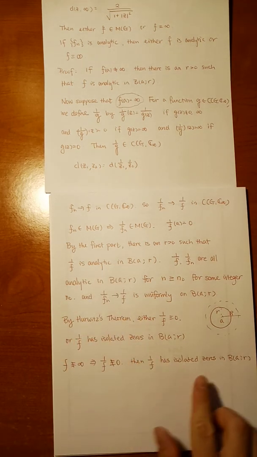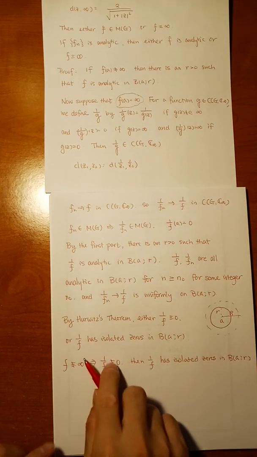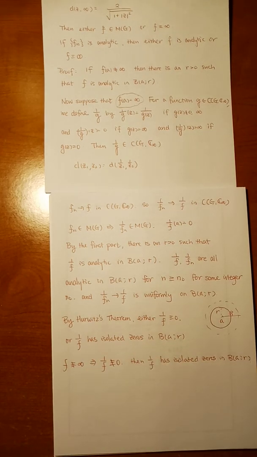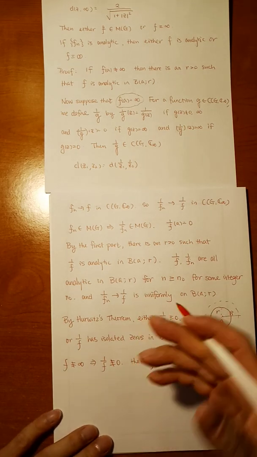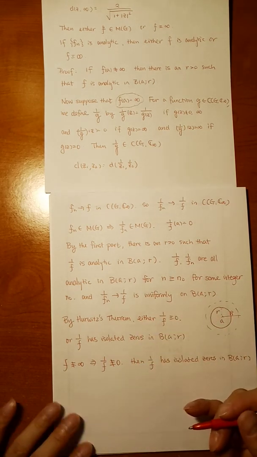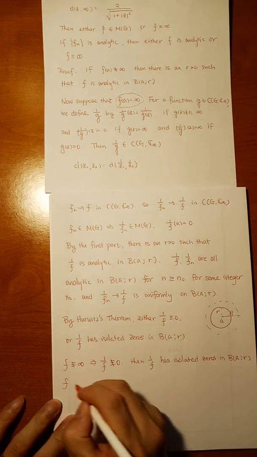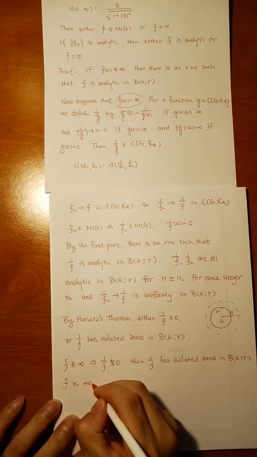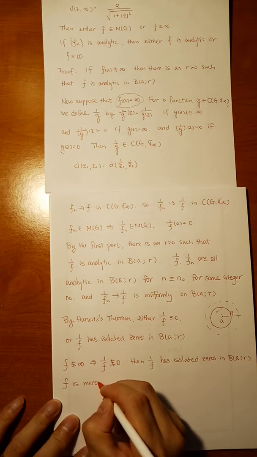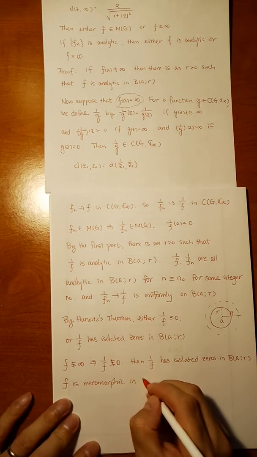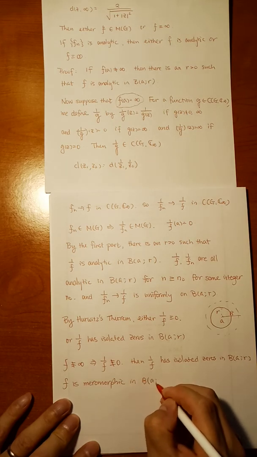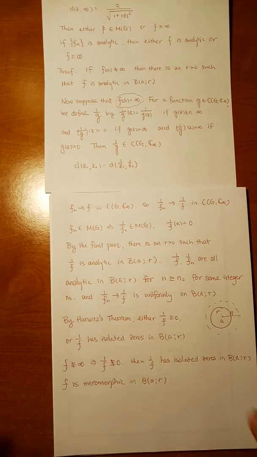So here we just make sure that it has isolated zeros. And it has isolated zeros, then you flip it, it will have isolated poles. Isolated poles means it's a meromorphic function in this neighborhood.